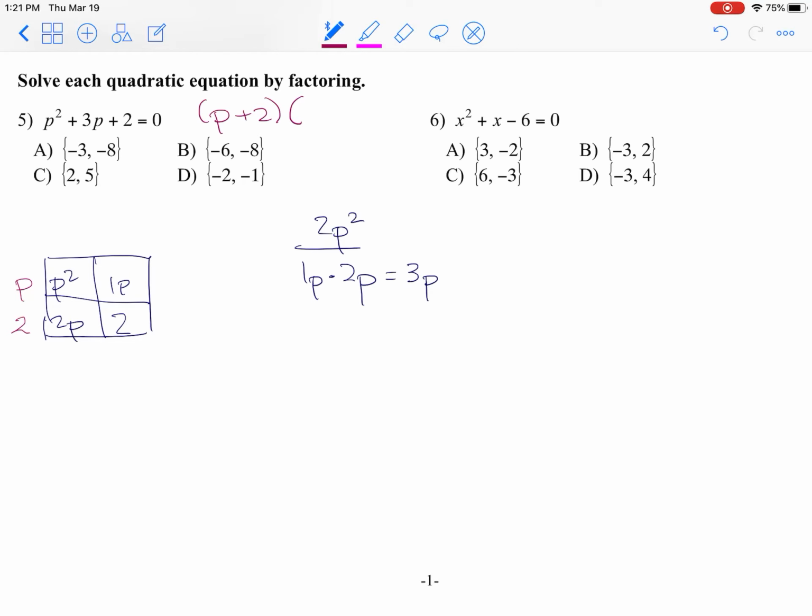When we do the same process vertically, we get the greatest common factor of p to the second and 2p, and that is p. And for 1p and 2, there is no greatest common factor, so we always use 1. 1 is a common factor to anything. And so there's our other factor. So p squared plus 3p plus 2 is equal to the quantity p plus 2 times the quantity p plus 1.